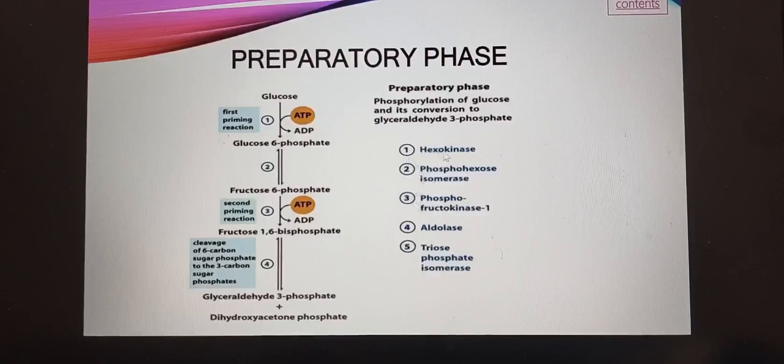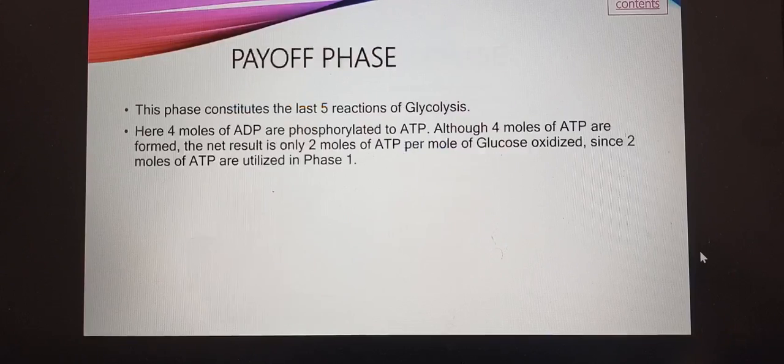First is hexokinase, and second is hexose isomerase, then phosphofructokinase 1, aldolase, and triose phosphate isomerase. These are the enzymes that we have used in this process.